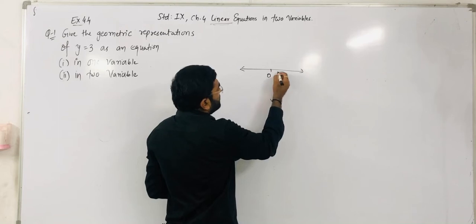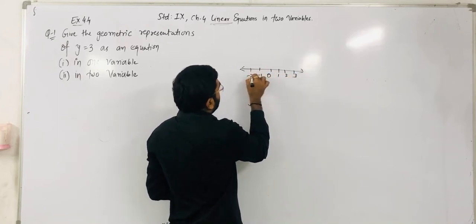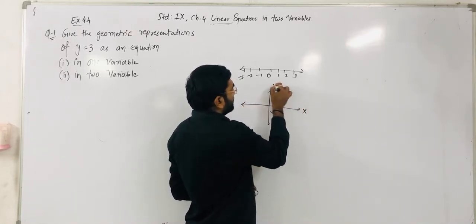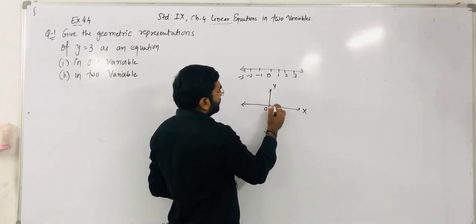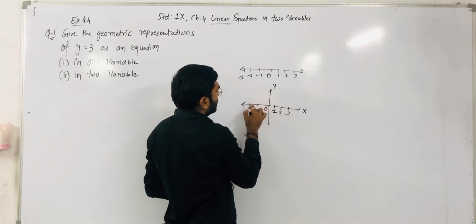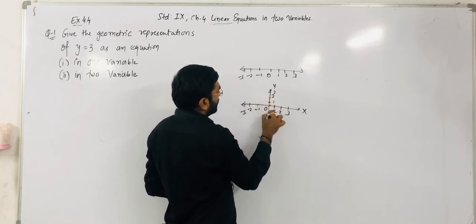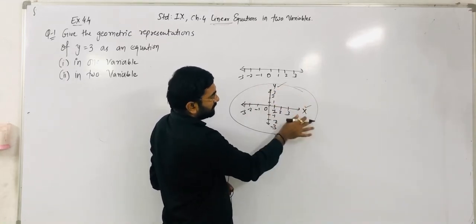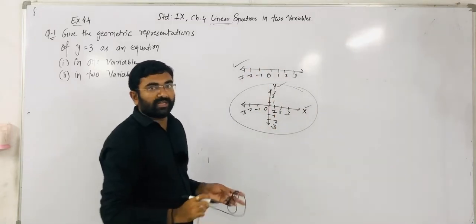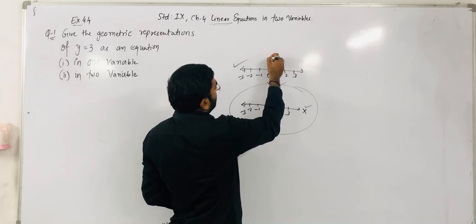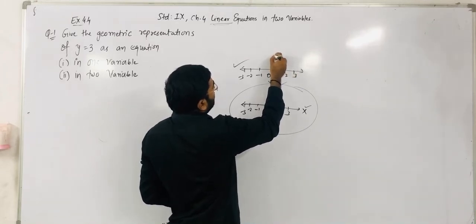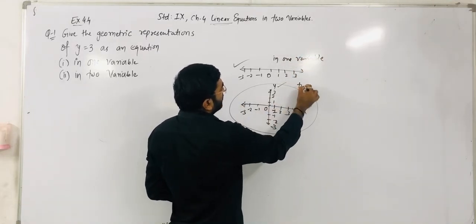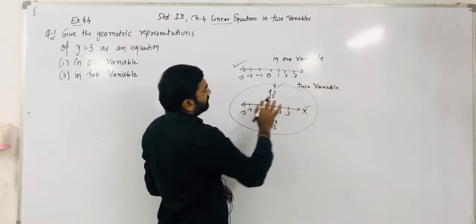In the number line we represent 0, positive values here, and minus 1, minus 2, and minus 3 here. And in chapter number 3, we defined the x and y axes, with 0 here, and 1, 2, 3, minus 1, minus 2, minus 3 on each axis. We use that graph whenever the equation is in two variables. The number line we use for the geometrical representation of an equation's solution in one variable, and whenever an equation is given in two variables, its values we can represent on the graph.